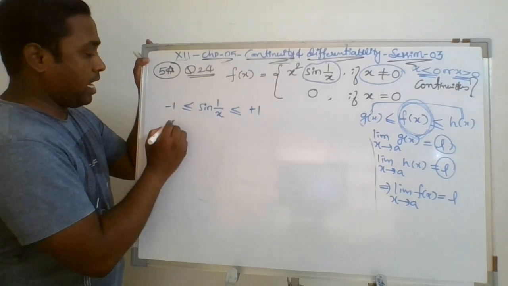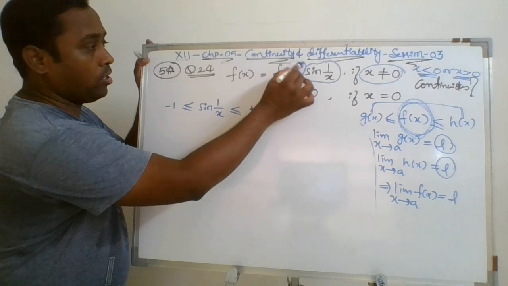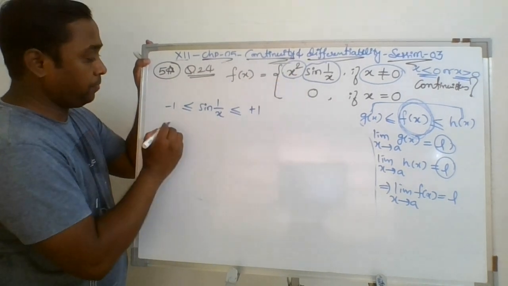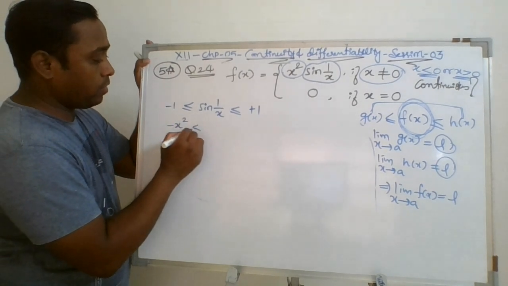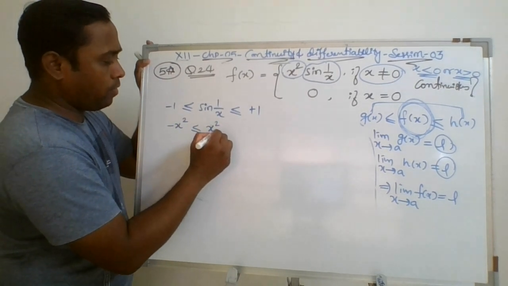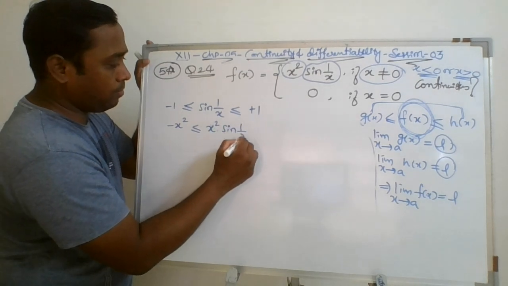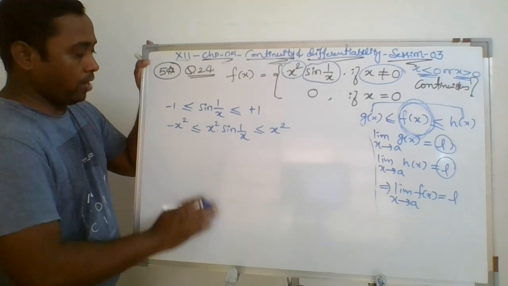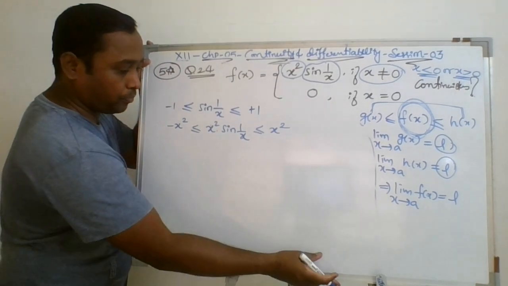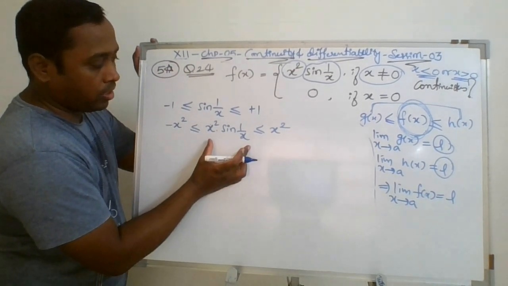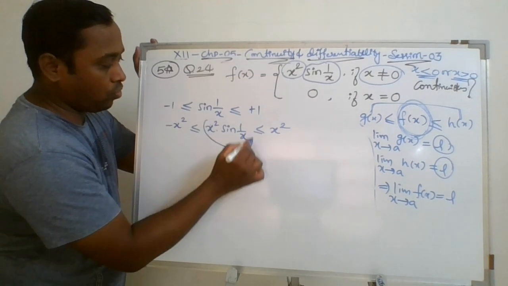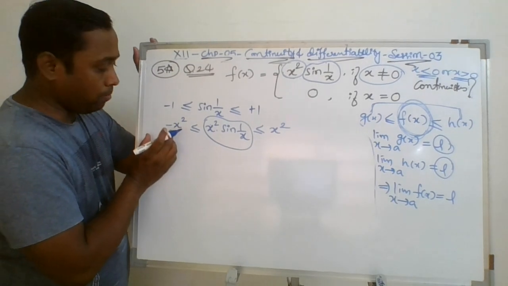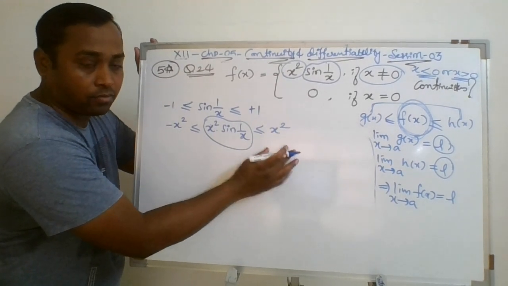Now I am multiplying with x square on all the sides, because I want this function. It becomes -x square less than or equal to x square into sine of 1 by x, which is less than or equal to x square. Here the given function f of x is sandwiched between -x square and +x square.